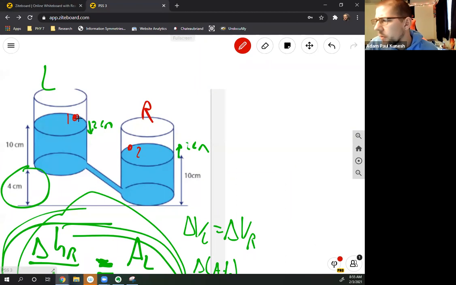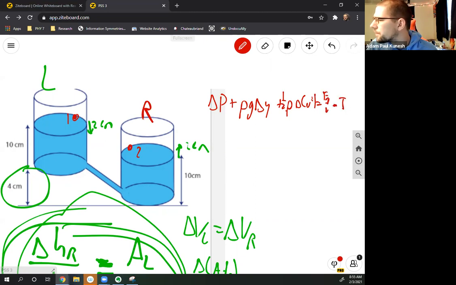In that case, both are at atmospheric pressure. So delta P plus rho g delta y plus 1/2 rho delta of v squared equals E pump per volume minus IR.